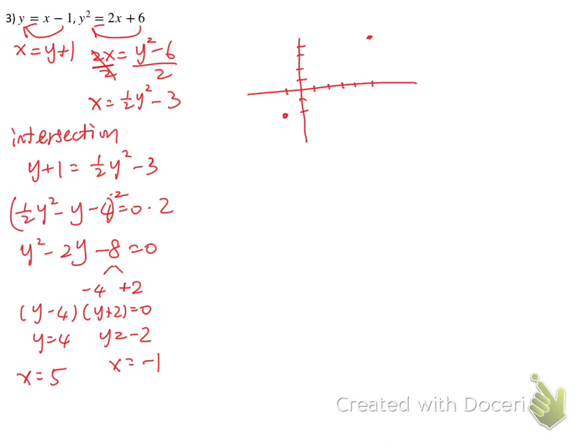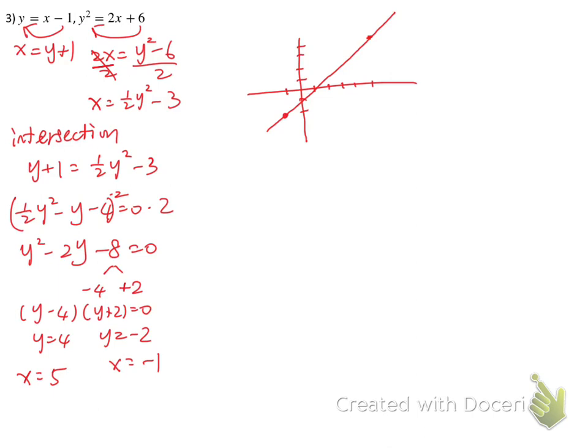Now let's look at the two equations. The first one is x equals y plus 1, or y equals x minus 1. It's a straight line, so you have 2 points on it, just connect them.